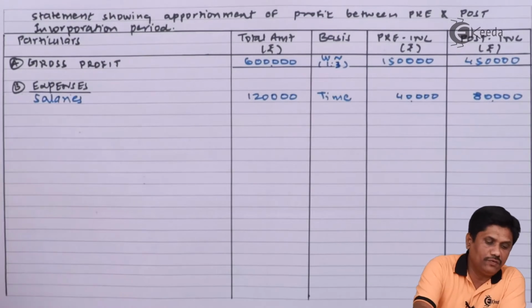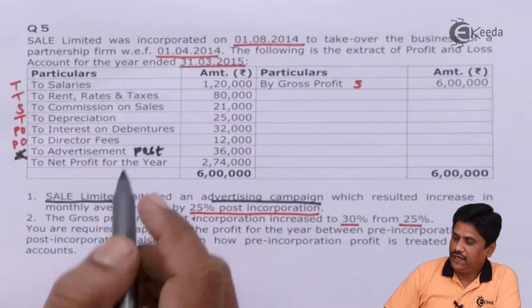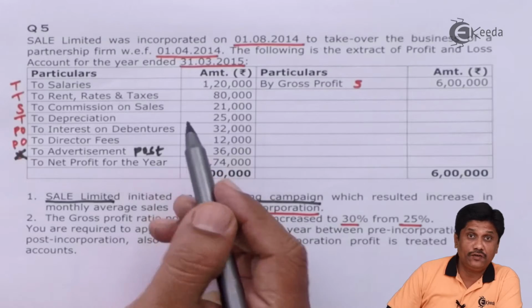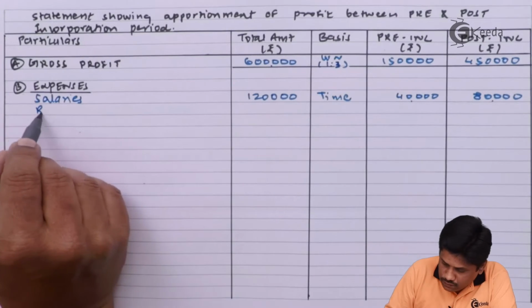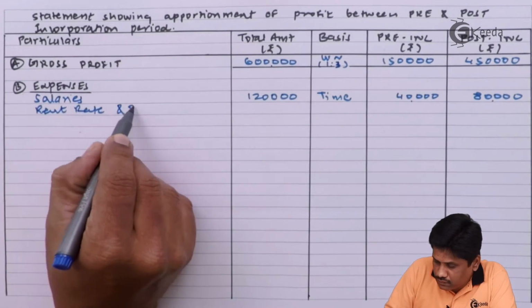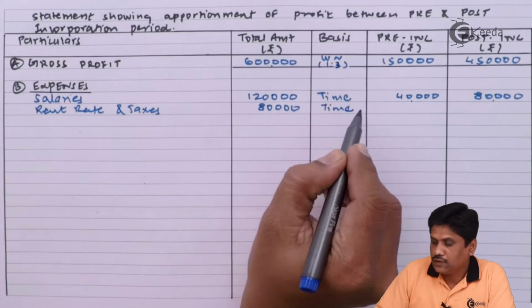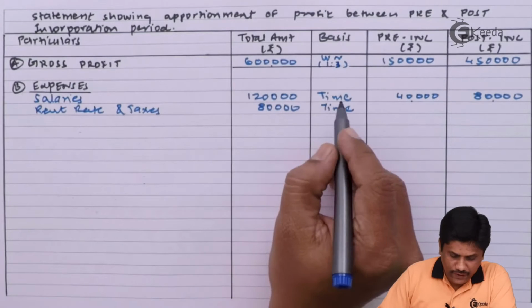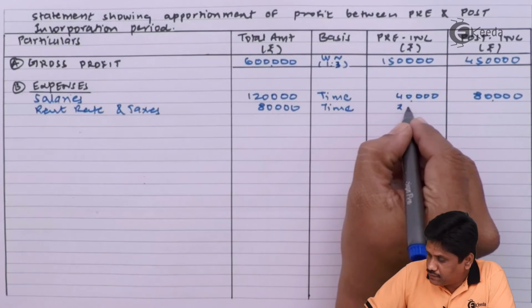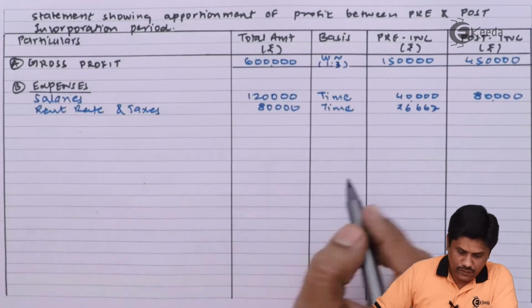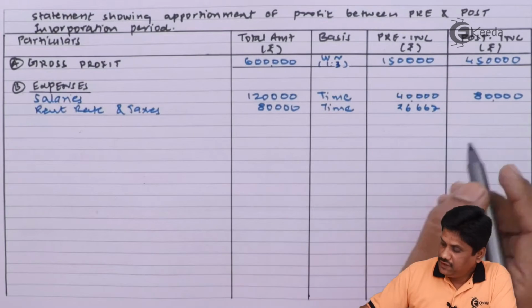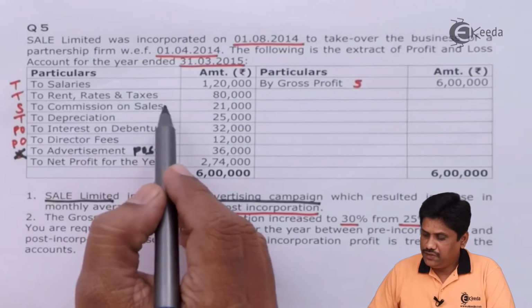After salary, next amount: rent, trade, taxes. This also will be divided on time basis. Time ratio is 1:2. 26,667, and this is 53,333.